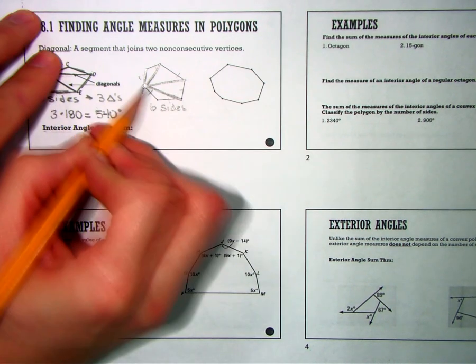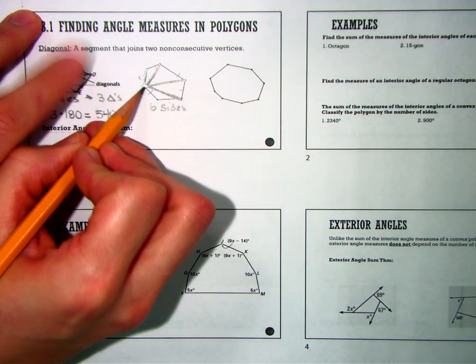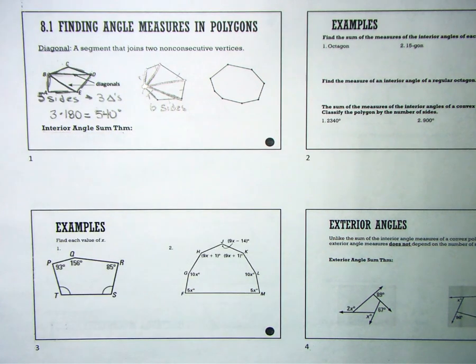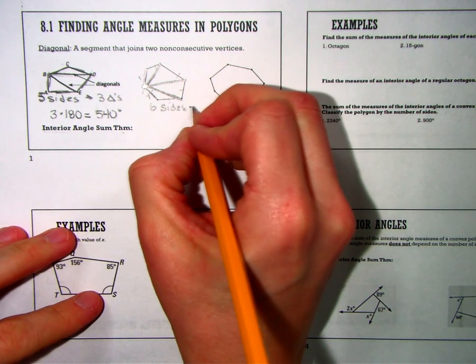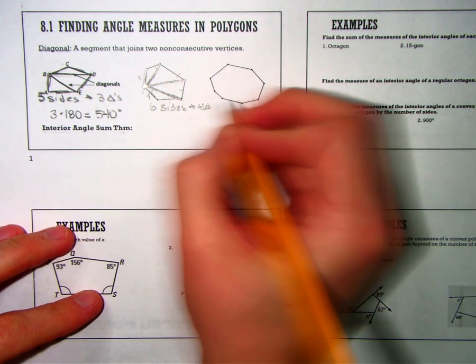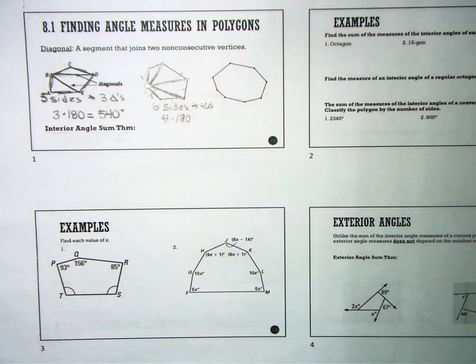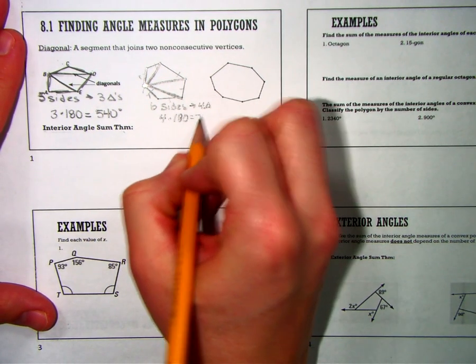And then again, if I connect my last vertex, it's just a side. So that one didn't count. How many triangles are there? 4 triangles, right? So 6 sides was 4 triangles. So 4 times 180 equals 720. 720 degrees.